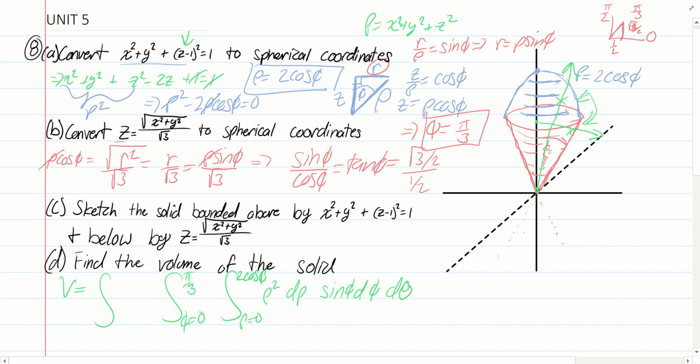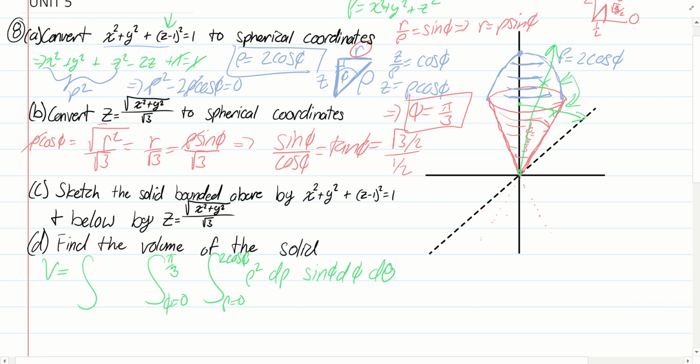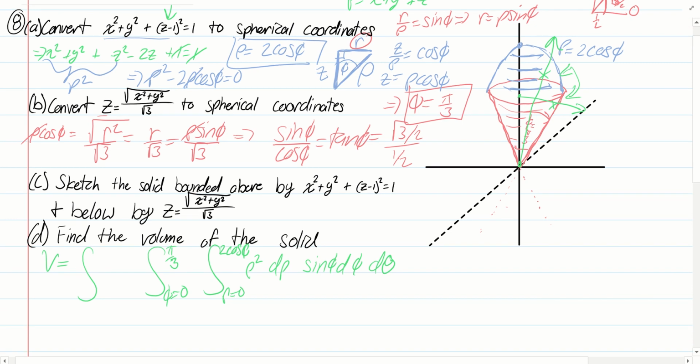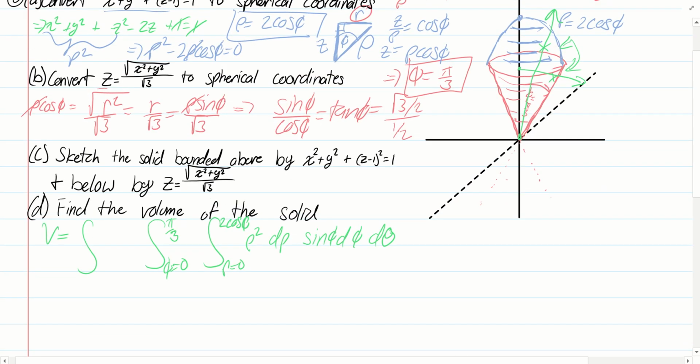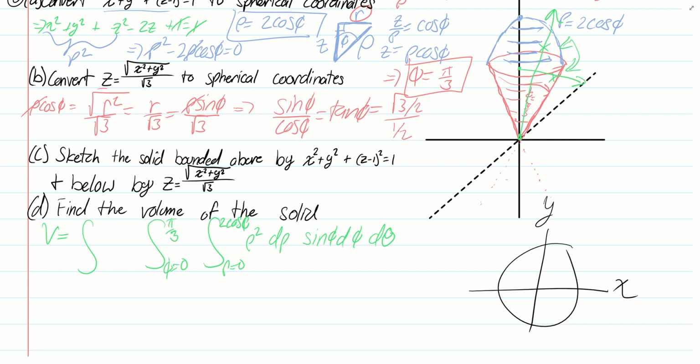And then for d theta, if we look on top of this, in the xy-plane, it's going to be a circle. So we have to include all theta, from 0 to 2 pi.